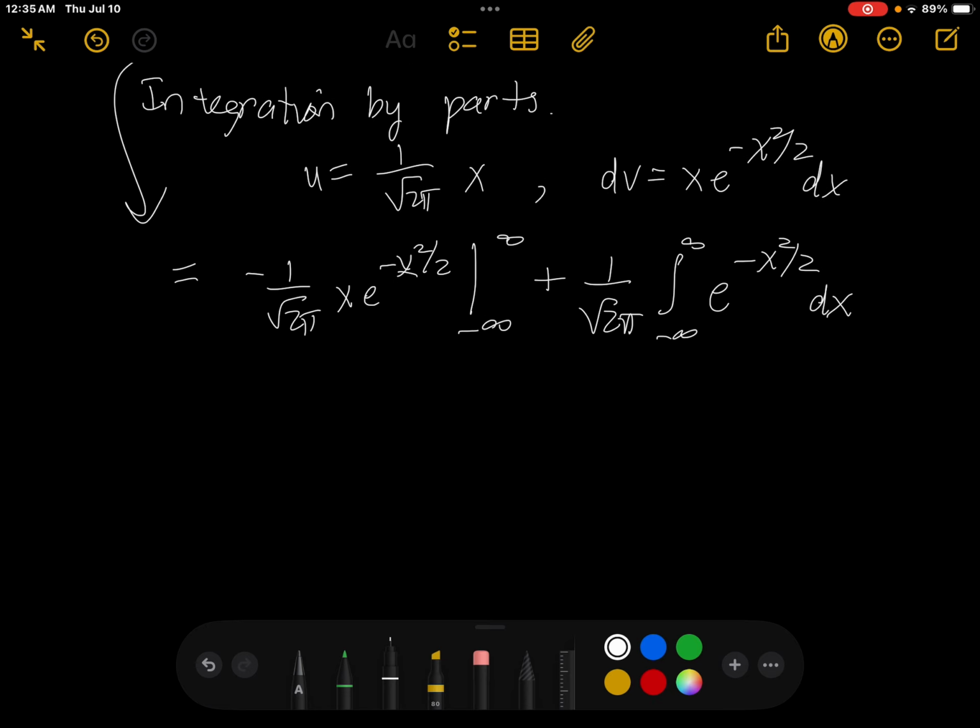Well, from the fact that f is a density function, we know that this integral is equal to 1. And it's easy to check that the first term is equal to 0, because the exponential term goes to 0 faster.